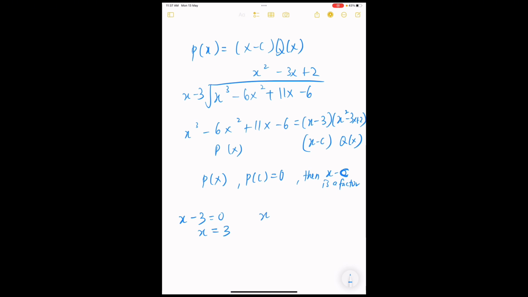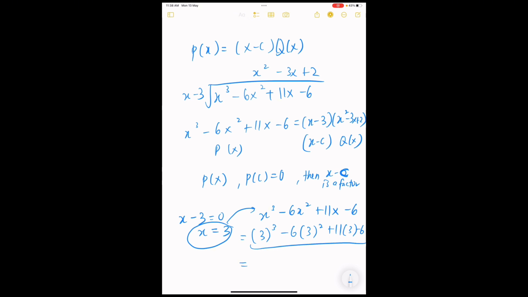So for x cubed minus 6x squared plus 11x minus 6, when you put 3 inside: 3 to the power 3, 6 times 3 squared, 11 times 3, minus 6. When you use a calculator and solve all of this, it gives you 0. So we can say that x minus 3 is a factor.